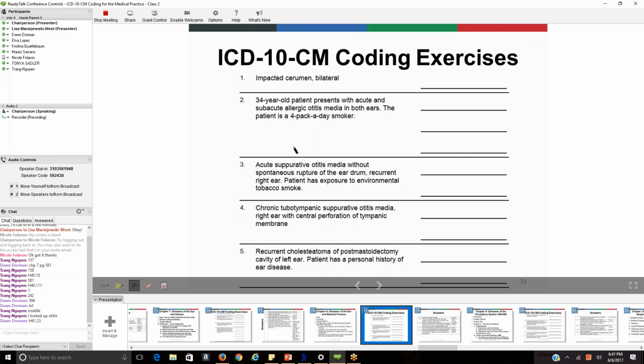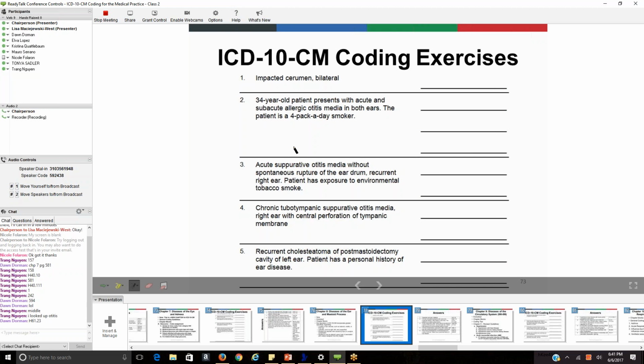Did anybody else find the code with another keyword other than otitis? Okay, I guess everybody found it in otitis. So we're back in otitis.